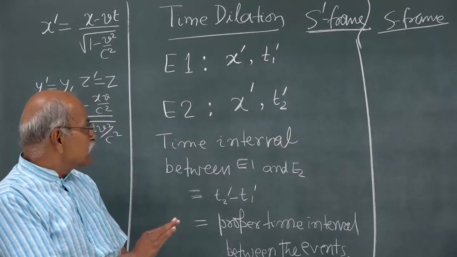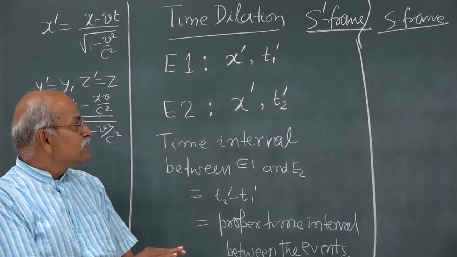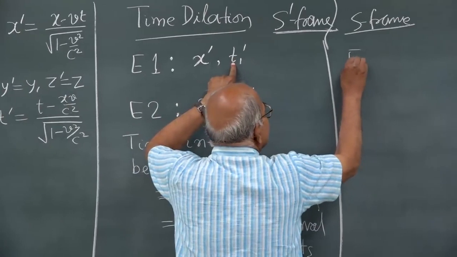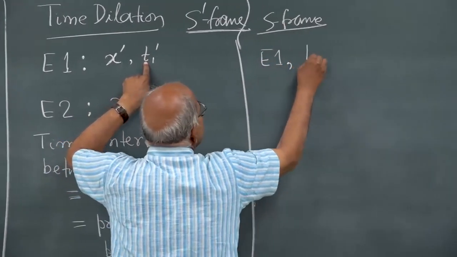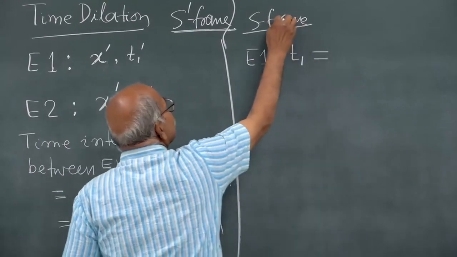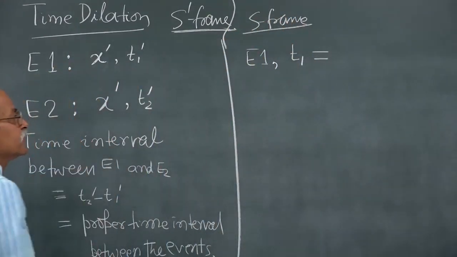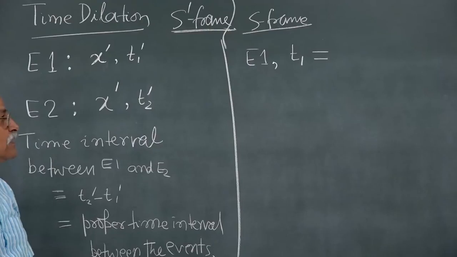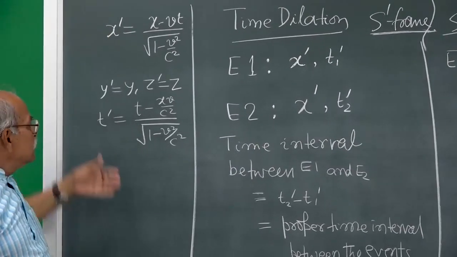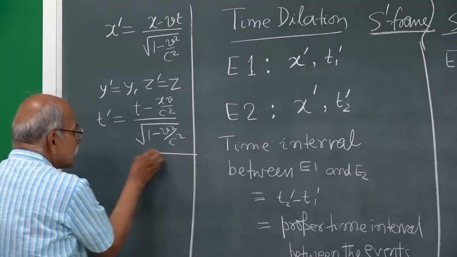Now, I am not interested in position, I am interested in time. So, what is t1 prime for this event E1? It is here. What is t1, the time of this event from the S frame? That t1 will be given by the Lorentz reverse transformation.